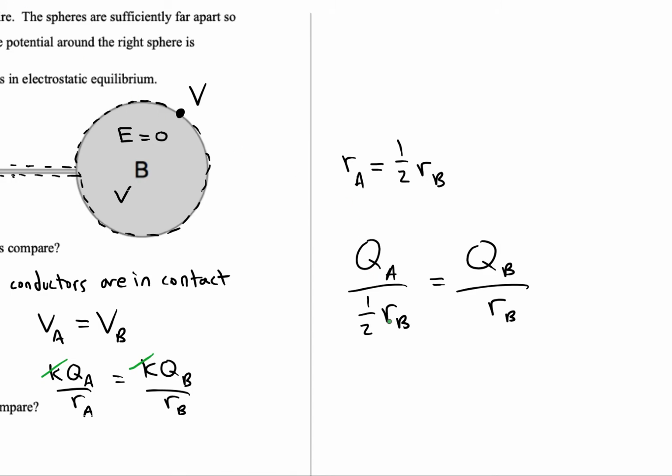All right, so we see that the radii here can cancel. We would want to multiply the 1/2 to the other side, revealing that the charge on A is actually 1/2 the charge on B.